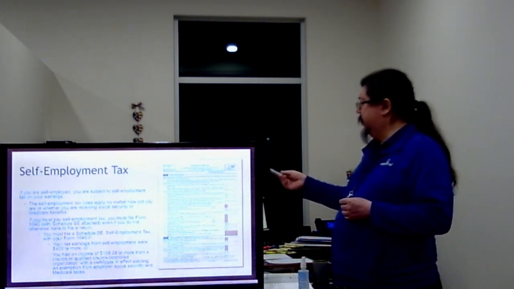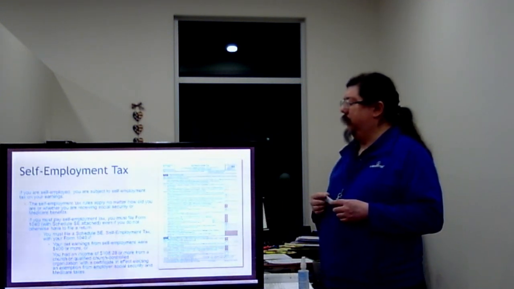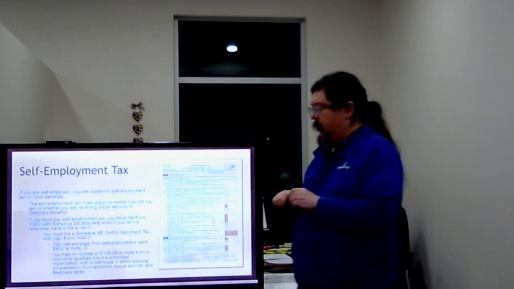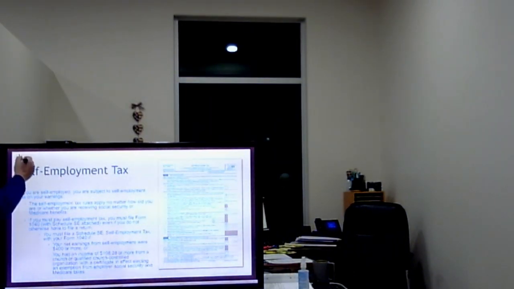For most taxpayers, you're going to end up multiplying your net profit. So let's say after you've done your Schedule C, you find out that you have $10,000 profit. Well, first, if you look through the form, you'll find out that you first multiply this by 0.9235. Where does that number come from?